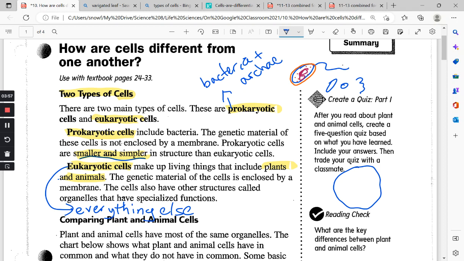You do have a handout that you've been given or is on your classroom that you can take a look at, and you're going to label those, but just to get an idea. So this little tiny one, that would be zooming out your bacteria and comparing it to an animal cell. You can see how big the animal cell is in comparison.